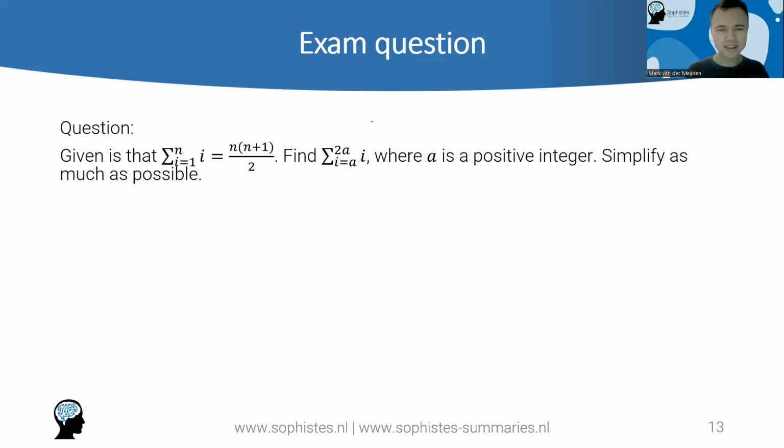Okay, let's go through it. What do we want to know? We want to know this summation here, right? i is a, all the way up to 2a, and then i. So let's have a look how this summation looks. Nobody submitted the correct answer, but don't feel bad about it. At least, maybe Arnoud gave me the correct answer. I'm not sure, but we will see.